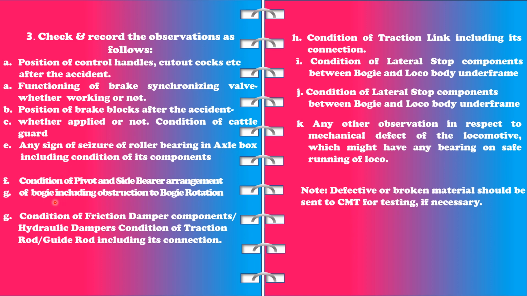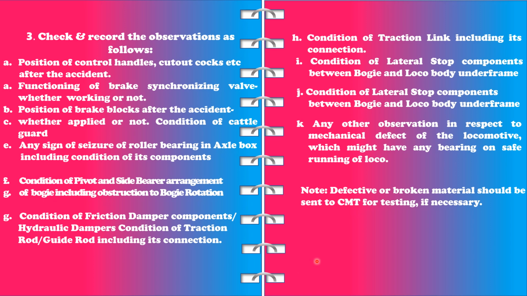We have condition of pivot and side bearer arrangement of bogie including obstruction to bogie rotation. This cannot be seen in the block section until we go to a particular shed and get the body lifted.